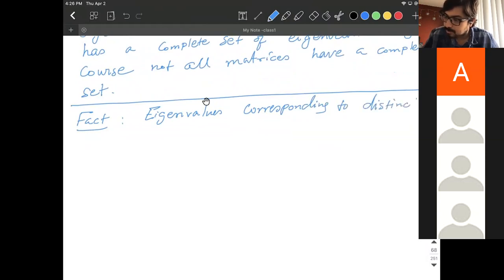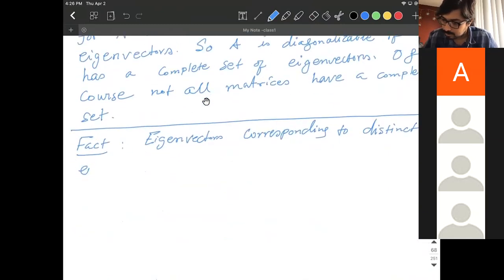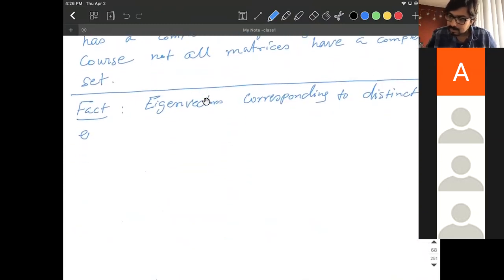This is something I mentioned in the last class.